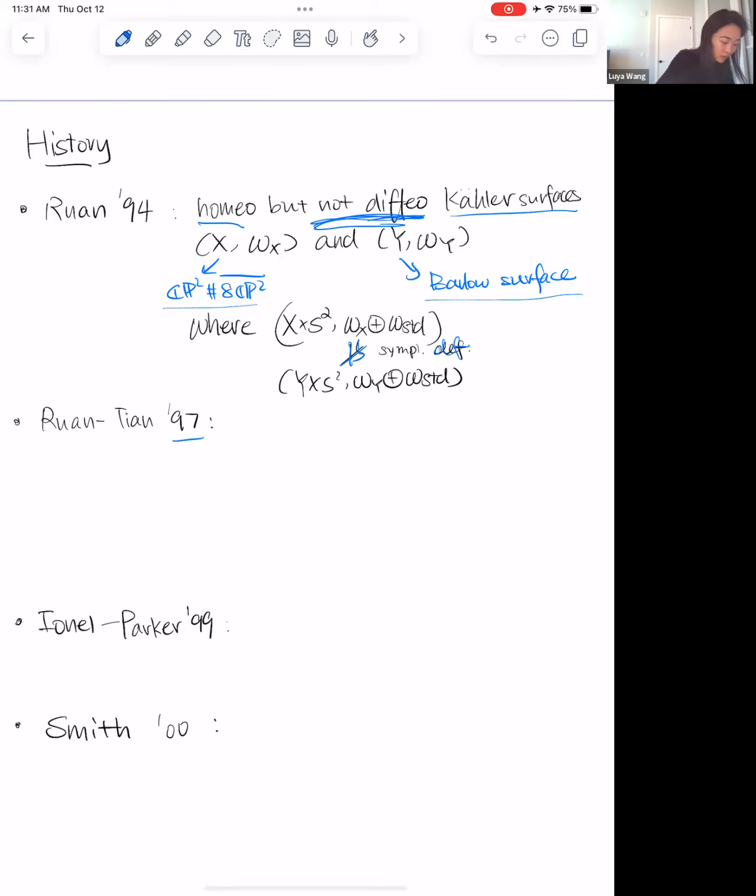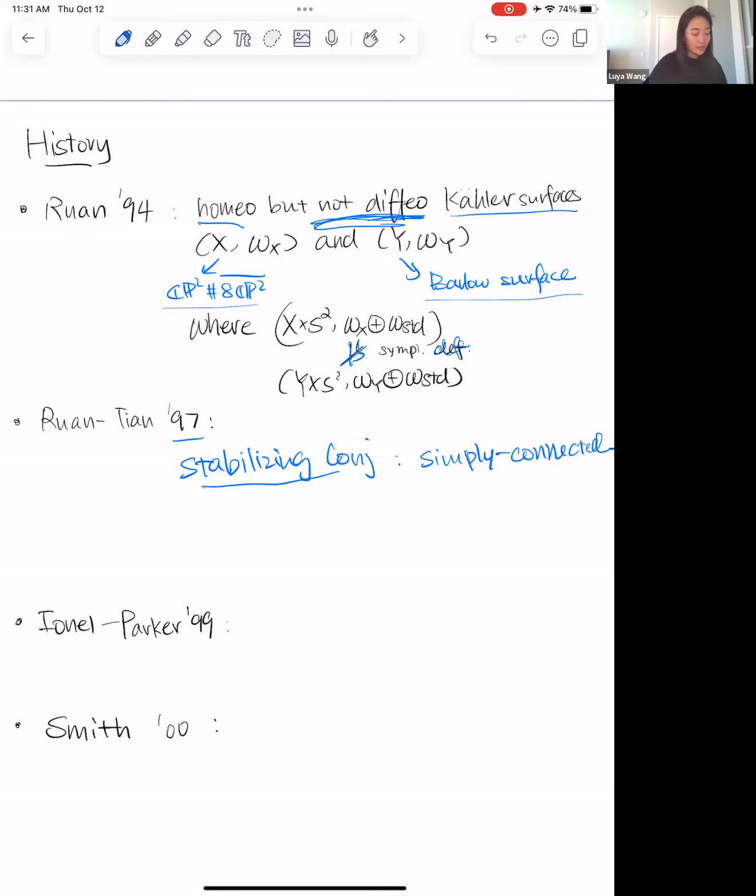Then in '97, in his paper with Ruan, Tian stated the stabilizing conjecture, which is exactly the Donaldson question restricted to the simply connected case.